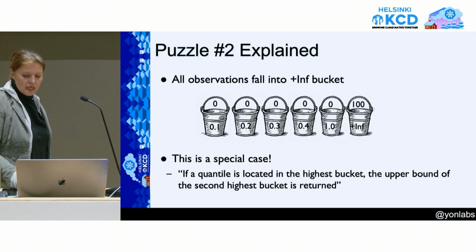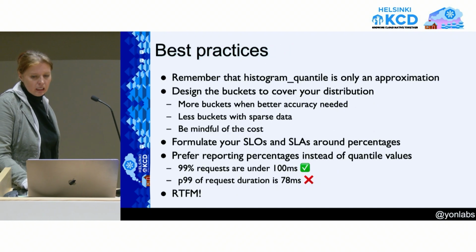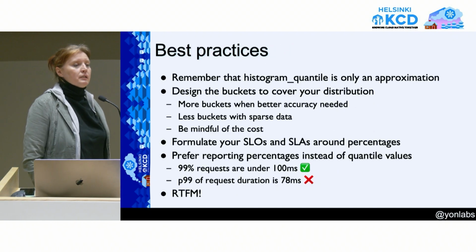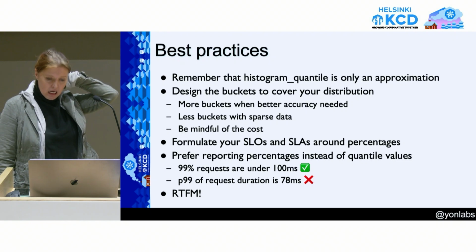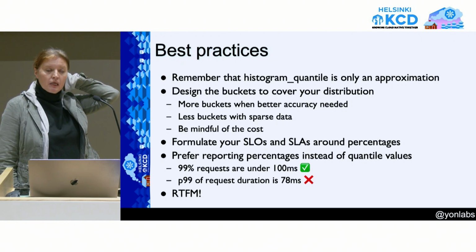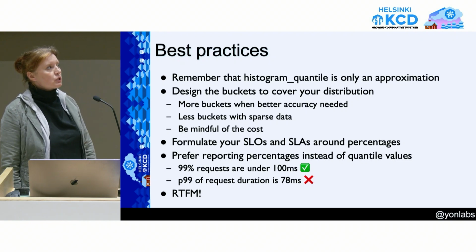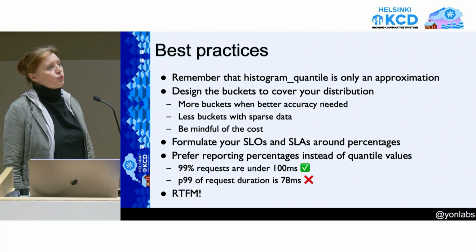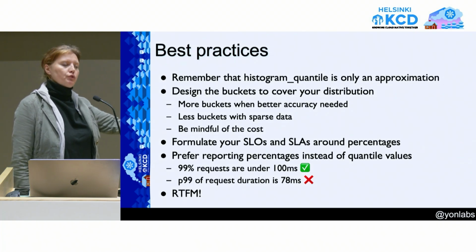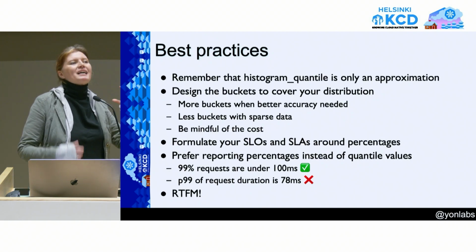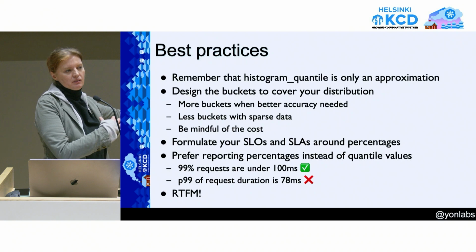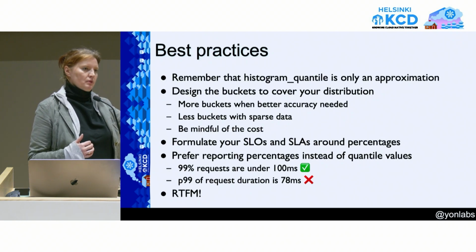What does it mean for our observability? We need to keep in mind that our histogram quantiles are only approximations, that we are not able to assess how much we breach, for example, SLAs in some cases, because we can't have very high buckets. We need to stop somewhere.